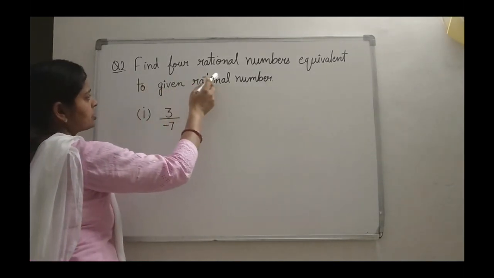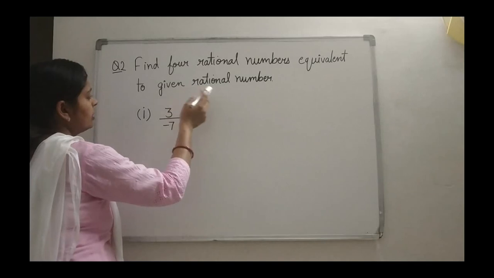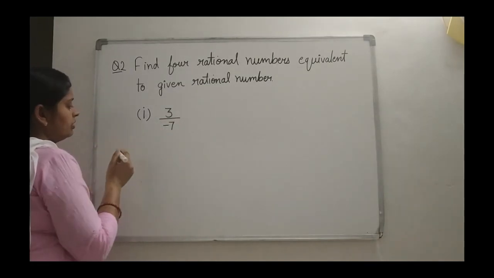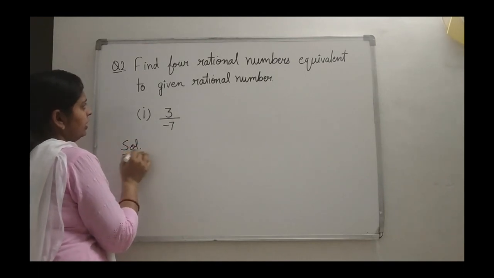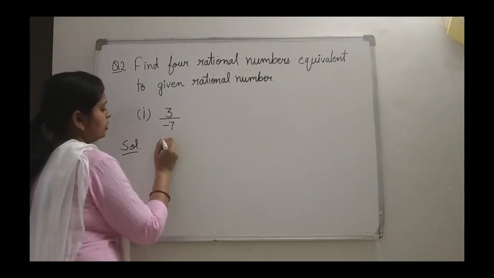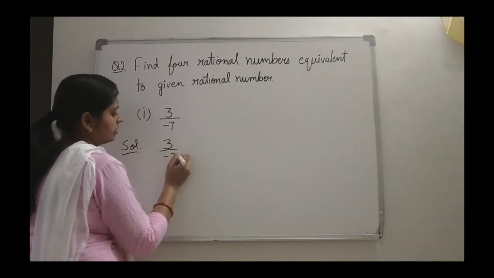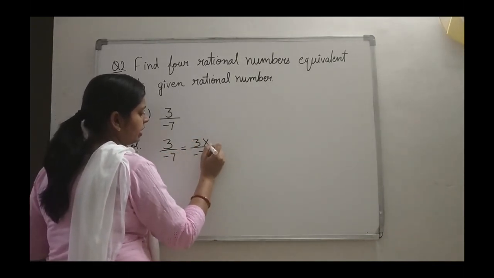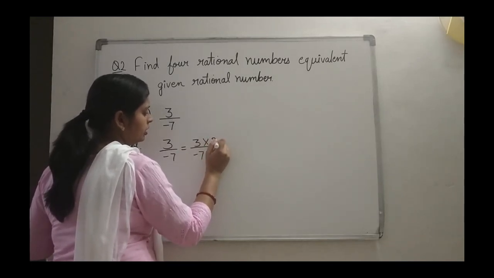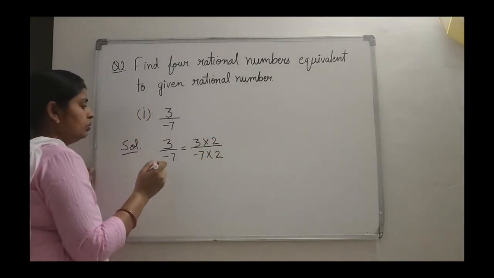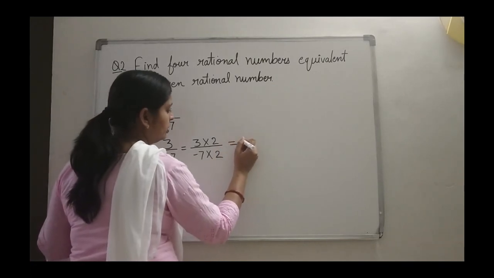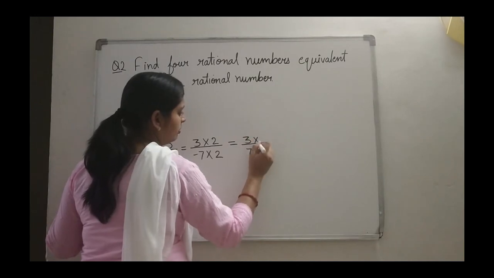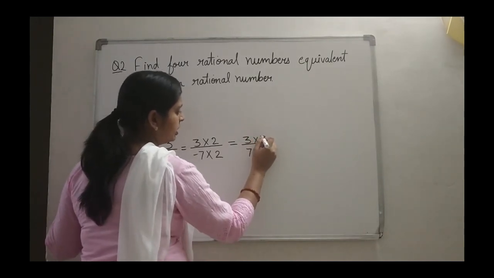Now see the second question. Find 4 rational numbers equivalent to the given rational number. What is the given rational number we have? 3 upon minus 7. So we have to find 4 rational numbers. So 3 upon minus 7 will be equal to 3 upon minus 7 multiplied by 2 in the numerator and 2 in the denominator. This will again be equal to 3 upon minus 7 multiplying numerator and denominator by 3.